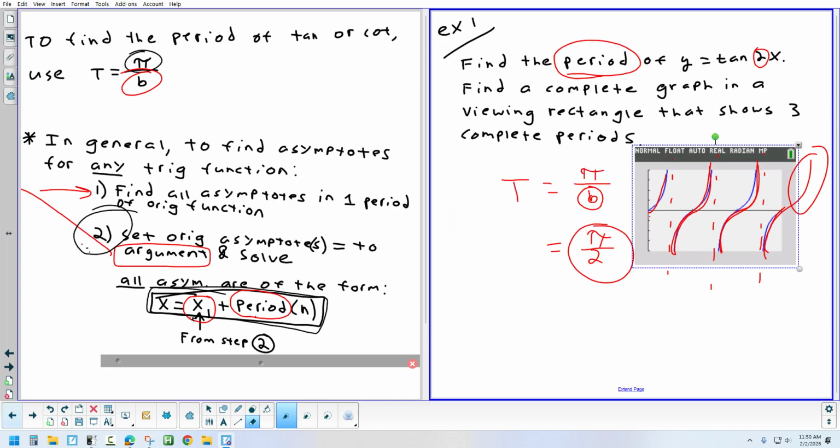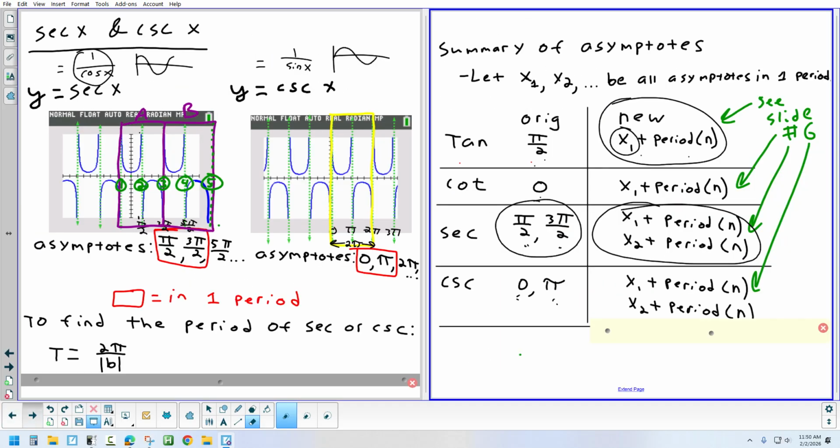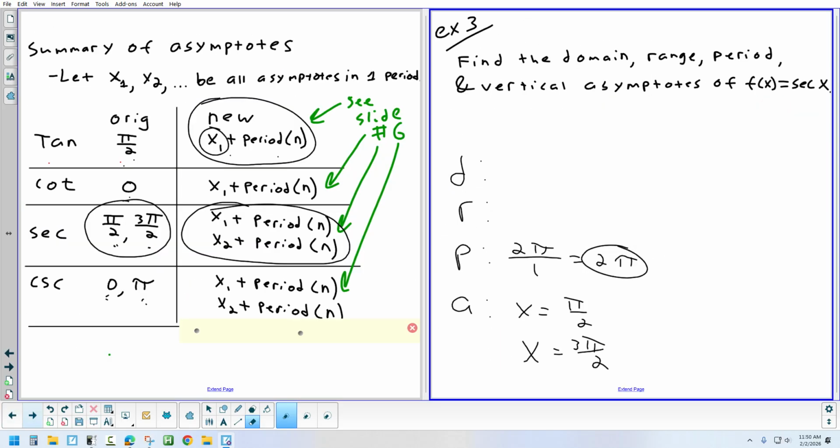Set the original asymptote equal to the argument and solve. Perfect. Now, if you leave it like that, you've only told me 2 asymptotes. I want to know all of them. So what would I put on the end of each one of them to indicate that they repeat?